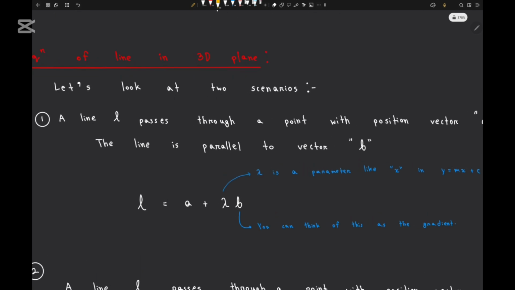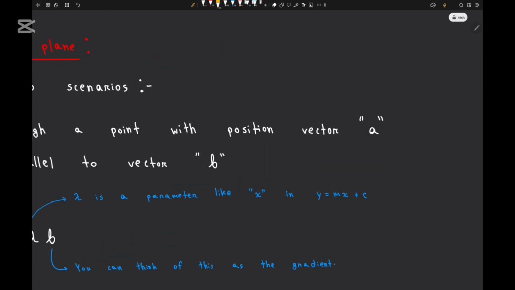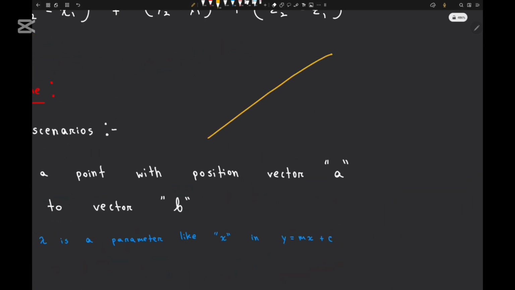The first scenario is that, let's say that a line L passes through a point with position vector A. So let's assume that this is the line L and this passes through a point, let's call this point A, and the OA vector is given as A. And this line is parallel to the OB vector.